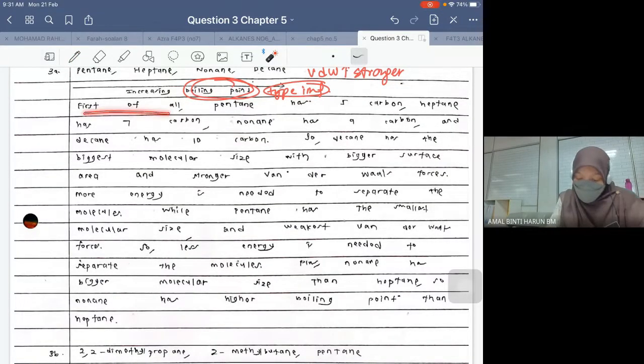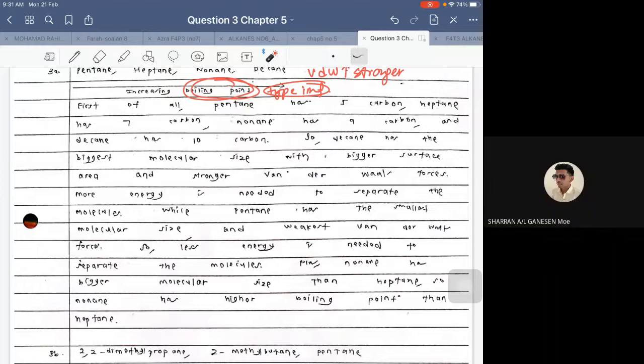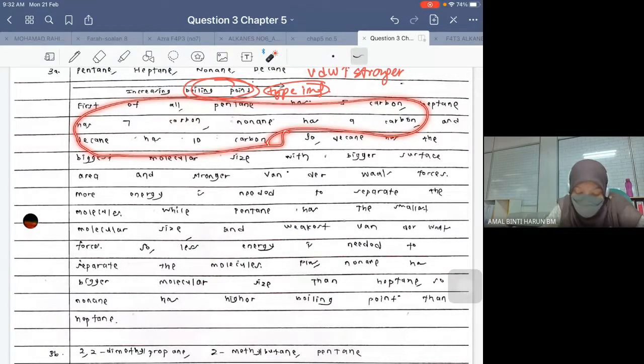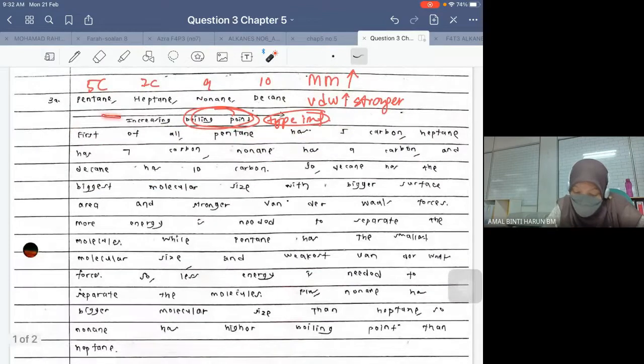First of all lagi. You can essay tau. You straight to the point je Sharon. Okay, madam. Pentane has 5 carbon. Heptane 7 carbon. Okay, this one can be simplified by the molar mass is getting increased from pentane to decane. Okay, simplify this one.